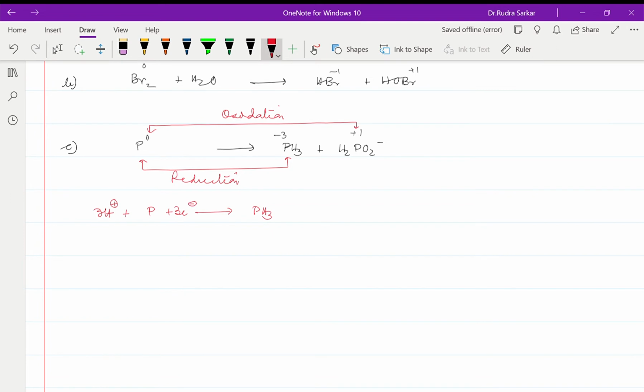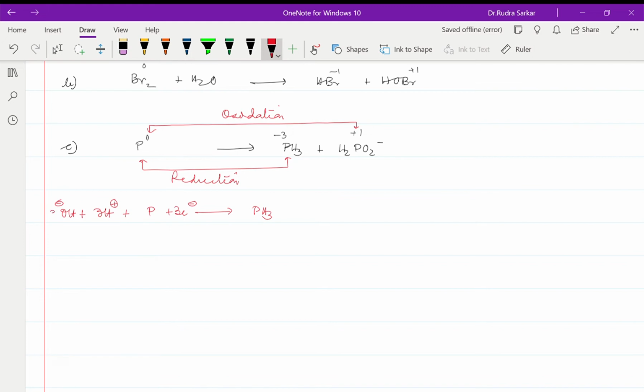So if this reaction is taking place in a basic medium, what we do, we add OH on both sides.